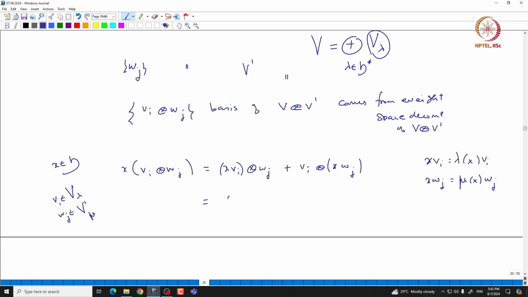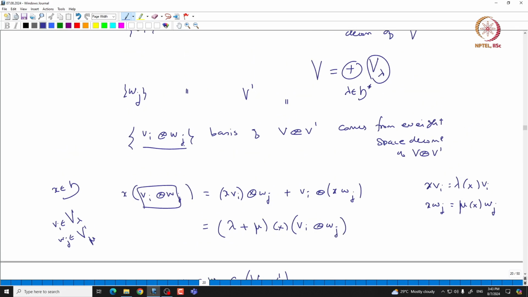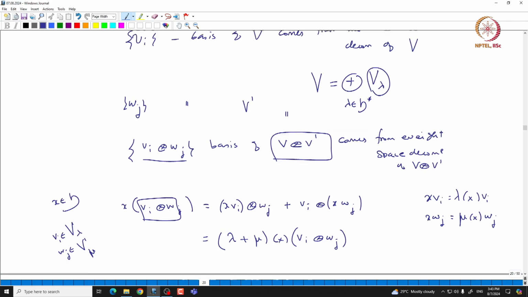If you use that here, then it is exactly (lambda plus mu) of x times v_i tensor w_j. In particular, the weight of this tensor v_i tensor w_j is lambda plus mu. So, v_i tensor w_j sits inside the (lambda plus mu) weight space of V tensor V dash. This tells you that all these are weight vectors, and since they form a basis for this tensor product, that tells you that we have this decomposition.